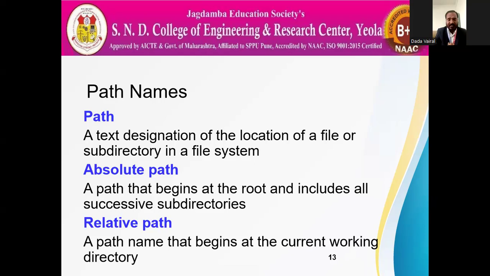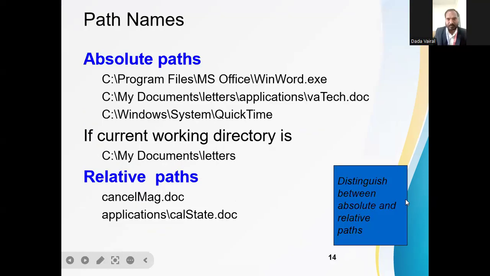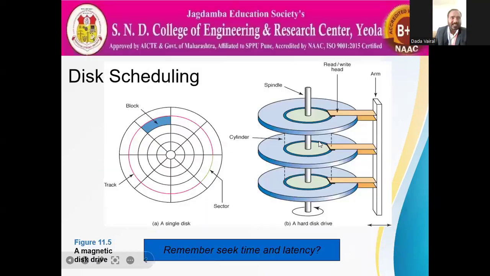And relative path is the reverse. The path is from the current working directory, that is relative path. For example, absolute path: C, program files, MS Office, Windows Word exe. And relative path: current working directory, then the file name. That is relative path, that is absolute path. Okay, fine.